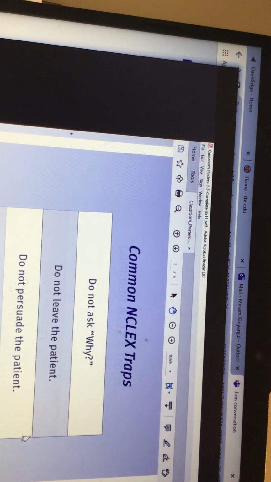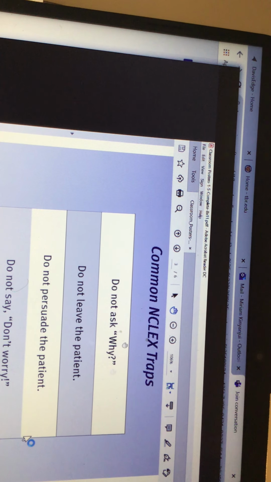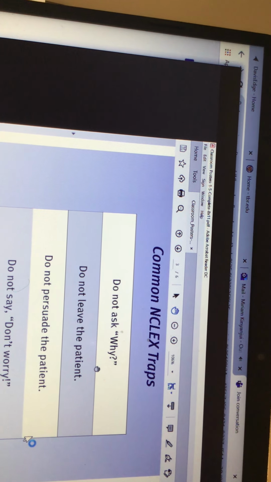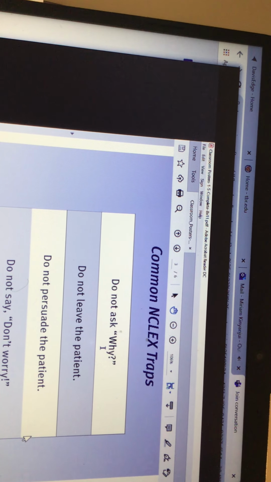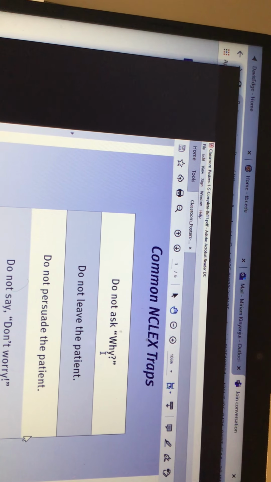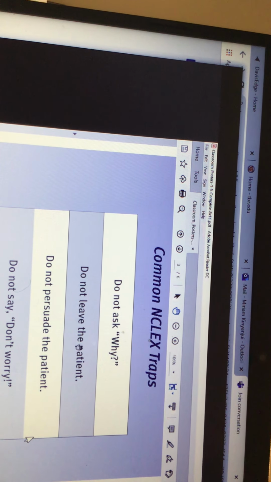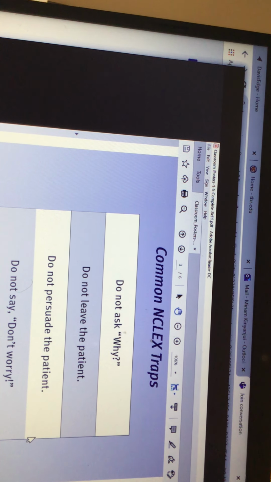Another one, you want to know your common traps. Like, don't ever ask why. That's confrontational to a patient. So if you see any why answer choices, you can get rid of them. Don't ever leave a patient alone.